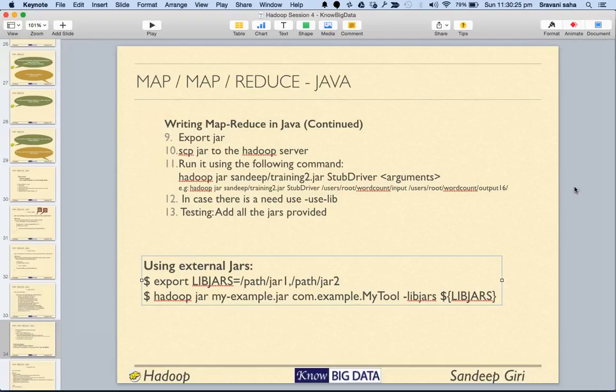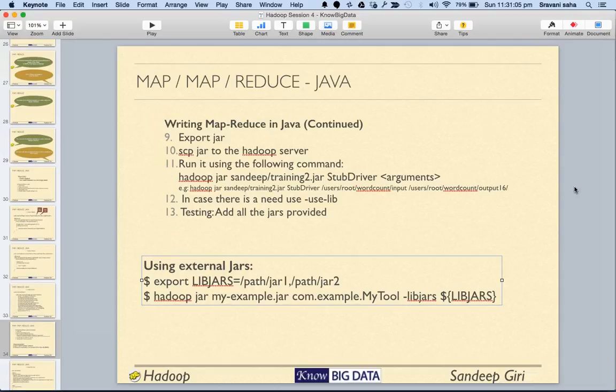Then the moment you say Hadoop jar, this jar will be copied onto the cluster. There is something called the distributed cache. Distributed cache is a place where you put the data and then that whole data is made available to all the data nodes, all the task trackers. All the task trackers can access the distributed cache.